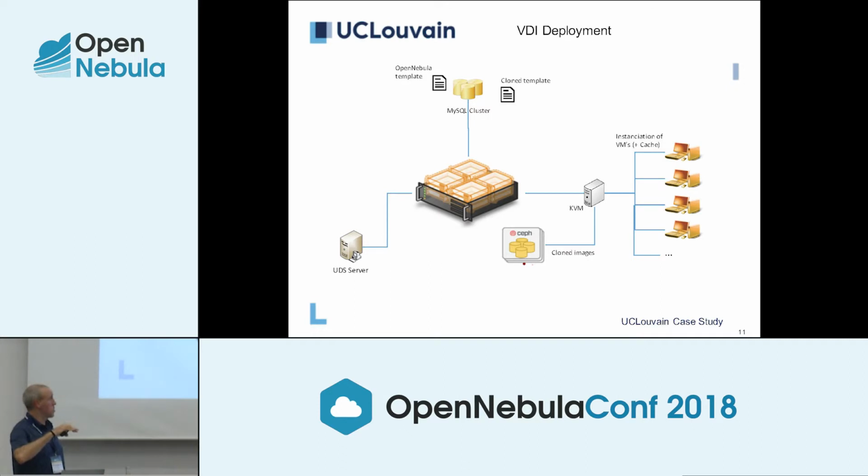When the user stops and logs off, it just destroys the machine that was used, and it knows it still has the 50 machines ready in the OpenNebula infrastructure. This is customizable. You can say how many machines you want.